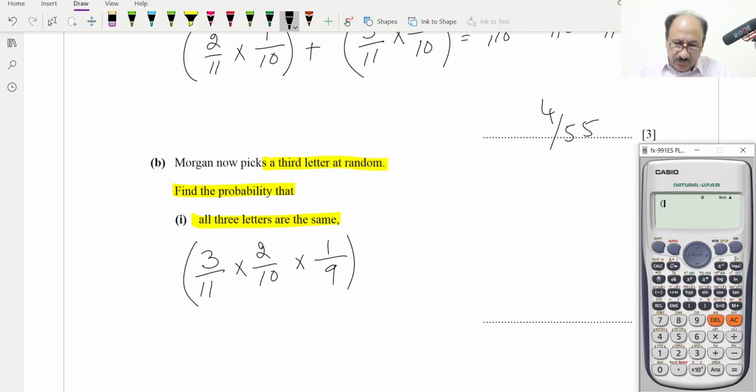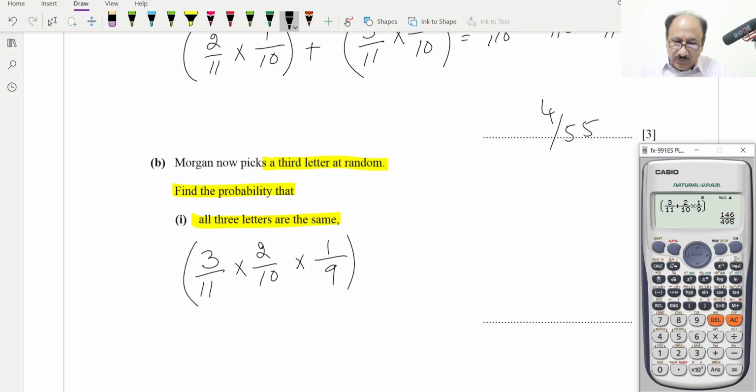We can calculate this probability. This will be 3 divided by 11, multiplied by 2 over 10, and then multiplied by 1 over 9.